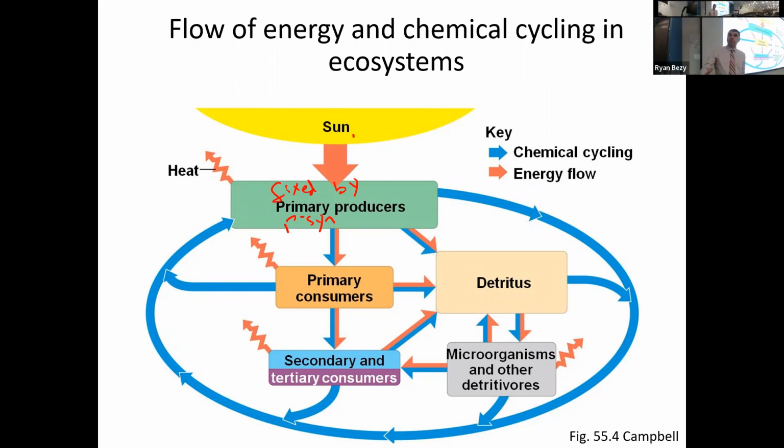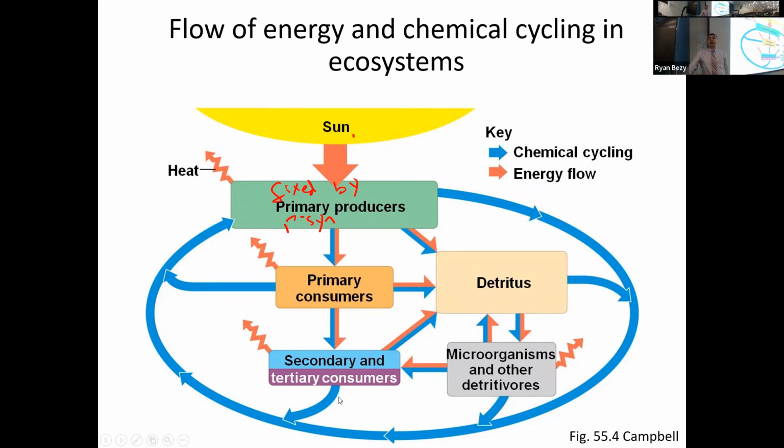Those are then eaten by primary consumers, which are eaten by secondary consumers, which are eaten by tertiary consumers. The energy gets passed on to whatever eats them. So we see the energy going from primary producers to primary consumers to secondary consumers to tertiary consumers. Not only is the energy being passed, but also the chemicals.